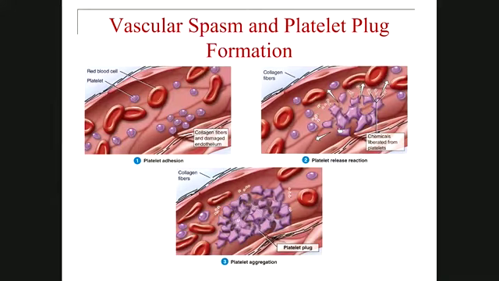This phase is called platelet release reaction. The chemicals, which I will talk about in the next slide for you, can help vascular spasm, and also help attraction of more and more platelets.